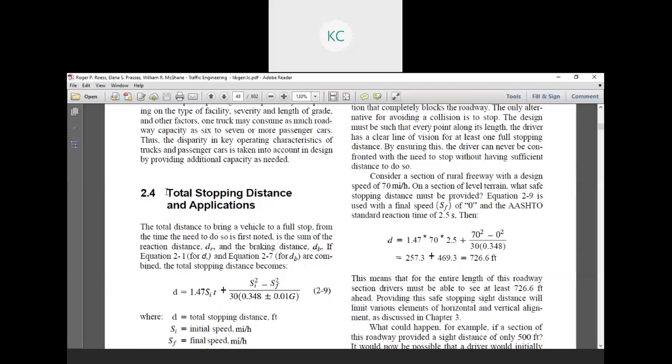The next topic is total stopping distance and its application. So what is called the stopping distance? When a driver is moving a vehicle at a particular speed on the road, with the help of vision and hearing characteristics, the driver notes that there is some kind of obstruction in the forward area.